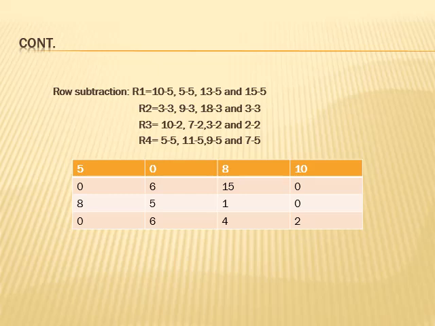As you see, in each row, the first row got one 0, the second row got 2 zeros, the third row got one 0, and the last row got one 0.